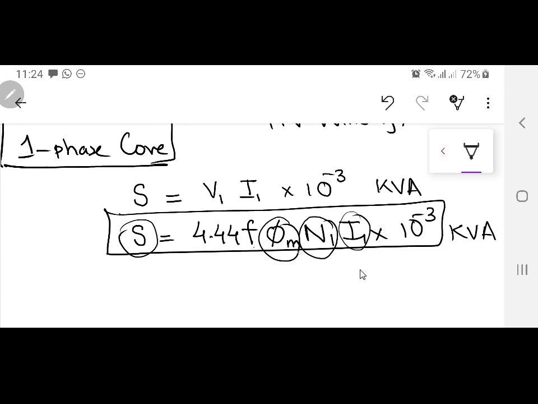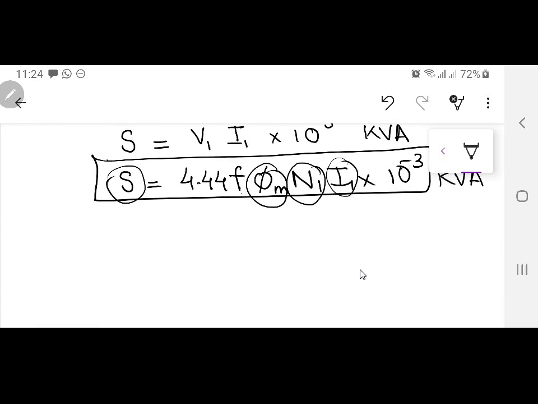Now there are many unknowns in this equation, so we need some replacements. For this purpose, the first thing we are going to do is introduce a factor called the window space factor, and this is called KW. And what is KW equal to?